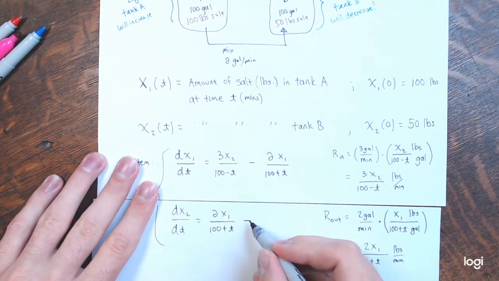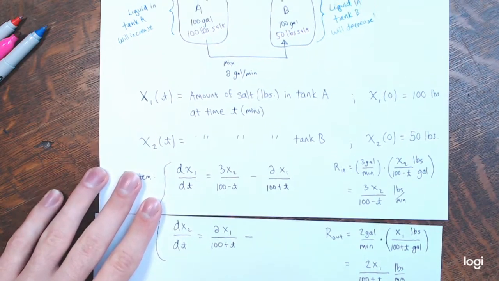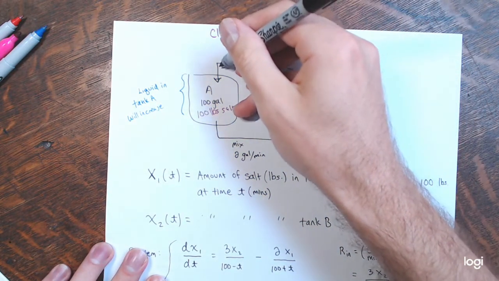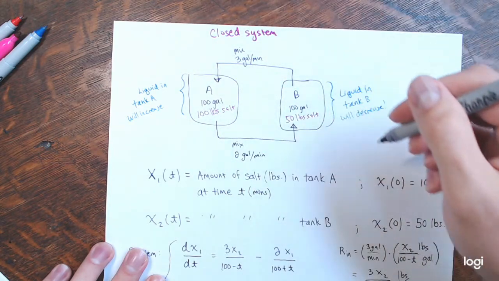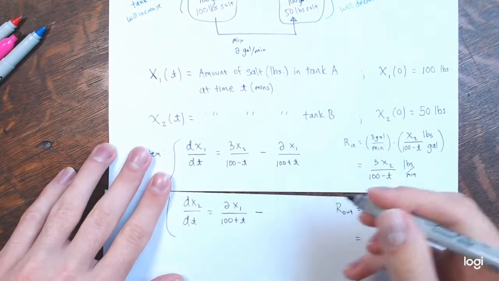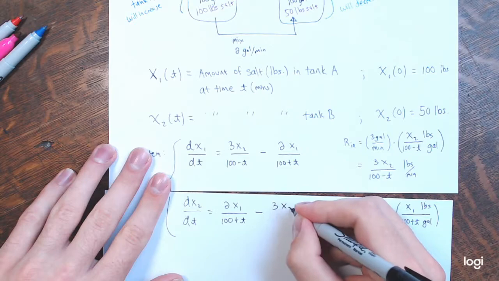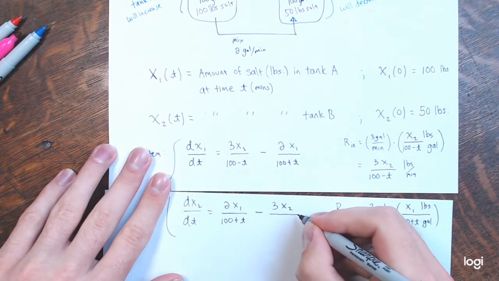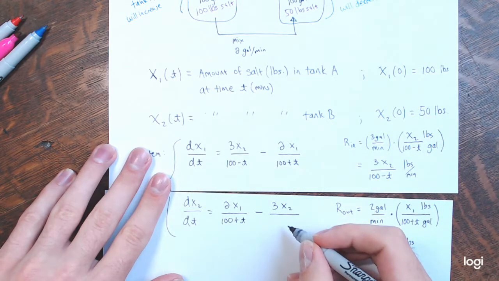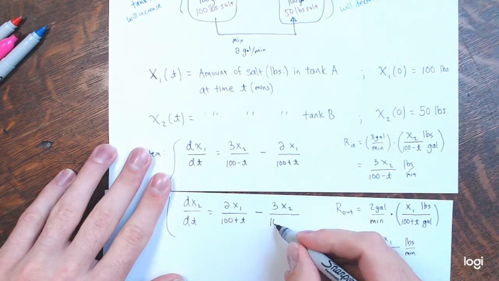Minus the rate at which it's going out, which is 3 gallons per minute times the concentration of B. Well, we already did that. That was the 3x2 divided by 100 minus t.